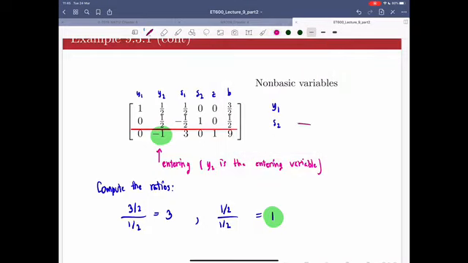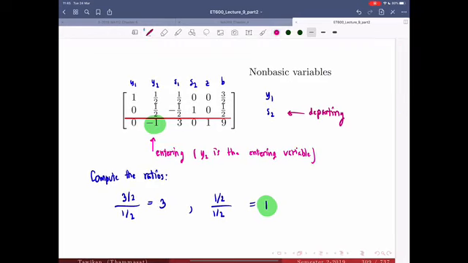So S2 will be departing. Put over here that S2 is the departing variable.